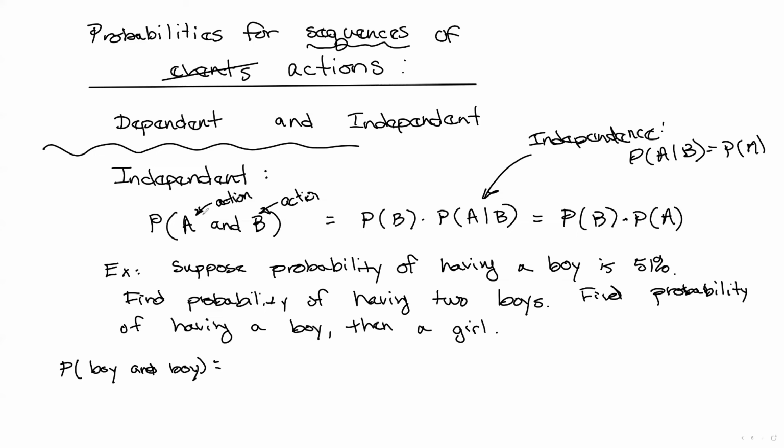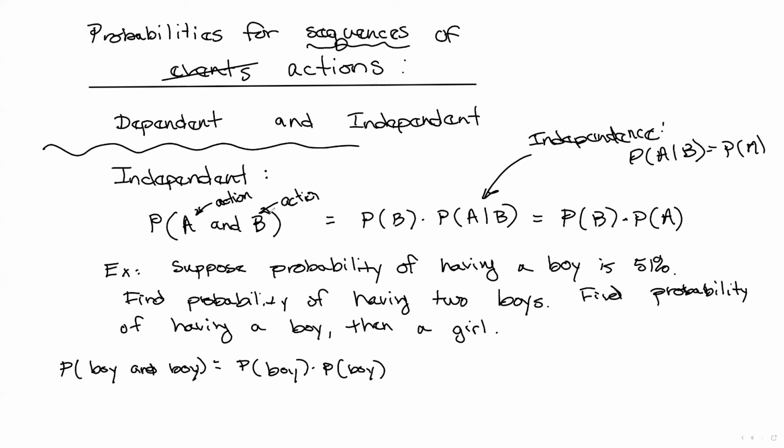If you flipped a coin, you got heads, and then you flipped it again, the probability that you get heads is not affected at all by the fact that you got heads the first time. And so because these are independent events, we can write this as the probability that you had a boy times the probability that you had a boy, right? We're using this formula right up here.